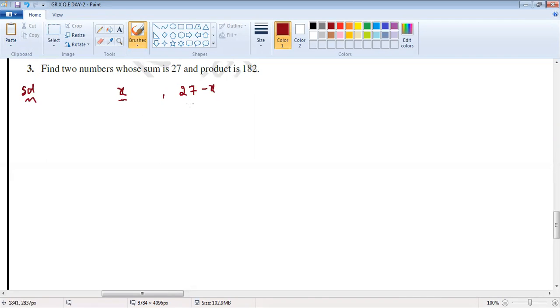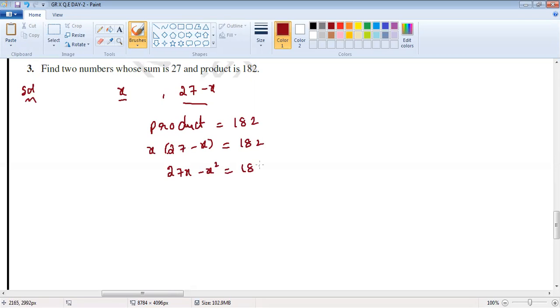And the product is equal to 182. So x into 27 minus x is equal to 182. Then 27x minus x square is equal to 182. Are you clear?